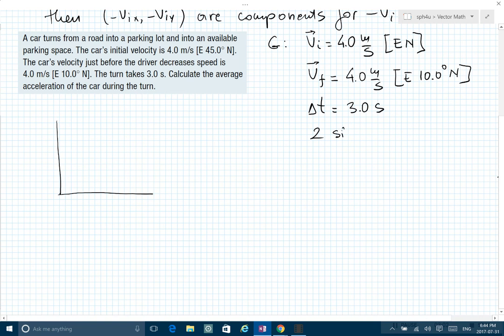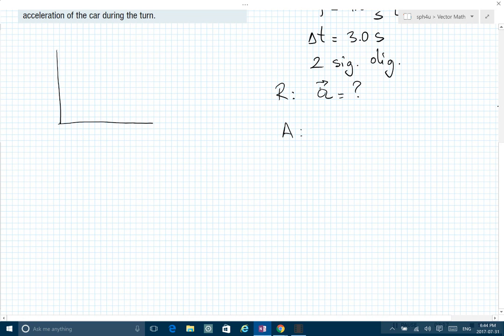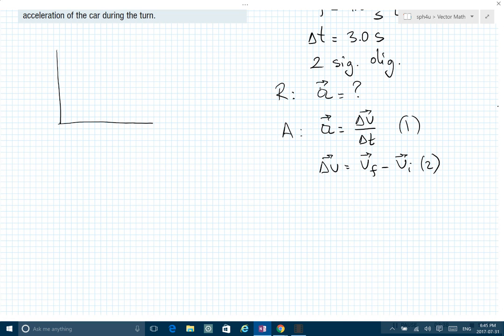We have two significant digits that we have to report, right? And what is required from us is the acceleration. So if I were to do the standard analysis, I need to use the equation acceleration equals delta v over delta t. And I know that delta v is v final minus v initial. So first I have to find delta v, and then I have to divide it by delta t.